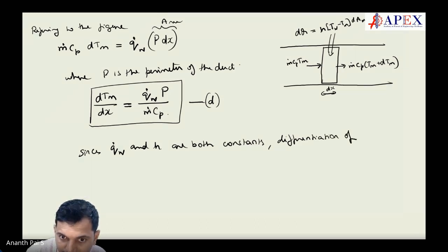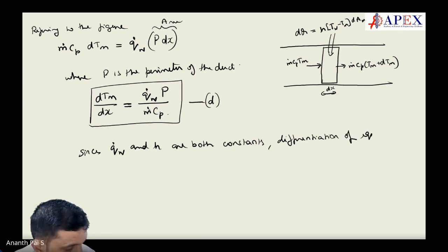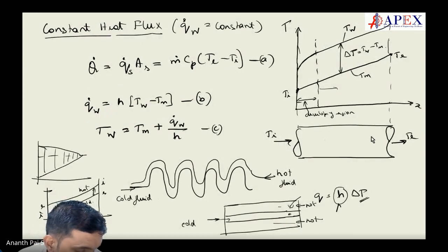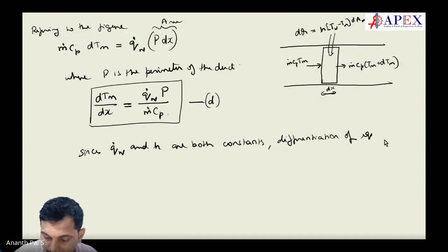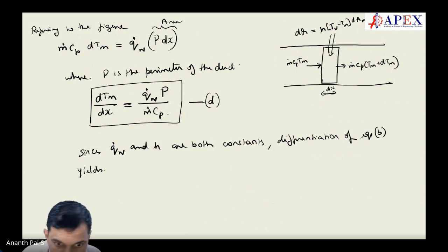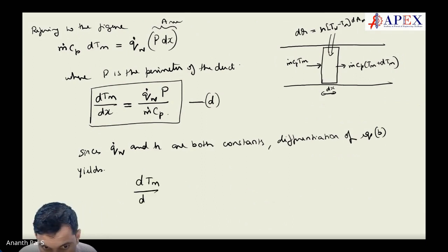Now since Q dot and H are both constant, differentiation of equation B yields dTm by dx is equal to dT wall by dx.